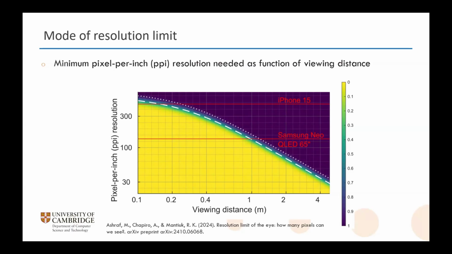For example, if you are a display manufacturer and you want to build a brand new device, which needs to be viewed at 0.4 meter, you can see that you would at least need a PPI of 300. So you would obviously do your own cost benefit analysis, but this model could guide you on what will be a good resolution for the human eye.